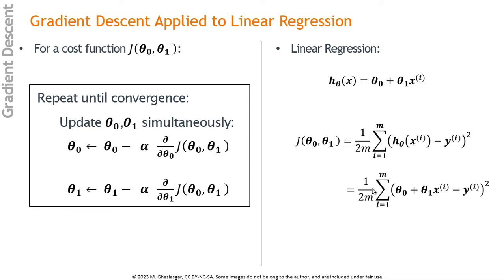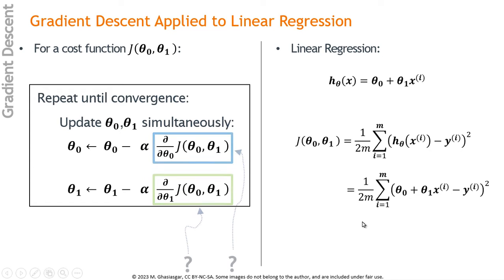If you recall, this 1 over 2m was kind of a freebie. I could put a 1 over 2m there or not. The minimum of this sum of squares is the same as if I multiply by a constant. And I illustrated that in an earlier video. Notice that 1 over m is kind of like the average. So you're taking half of the average of these sums of squares.